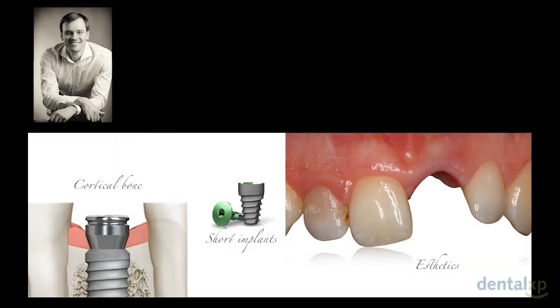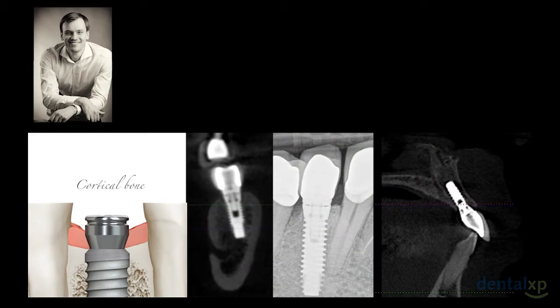Well, why is crestal bone stability important? Three major things: cortical bone, short implants, and also the aesthetical point of view. When we talk about cortical bone, we know that the cortical bone is much stiffer and much stronger compared to cancellous bone.